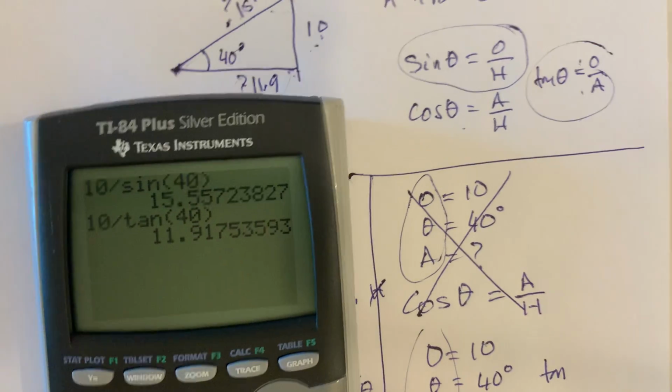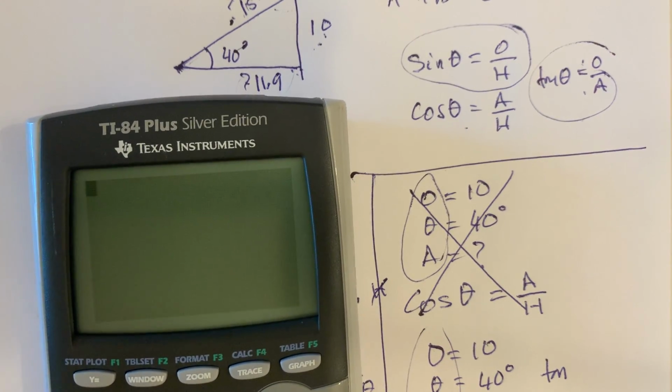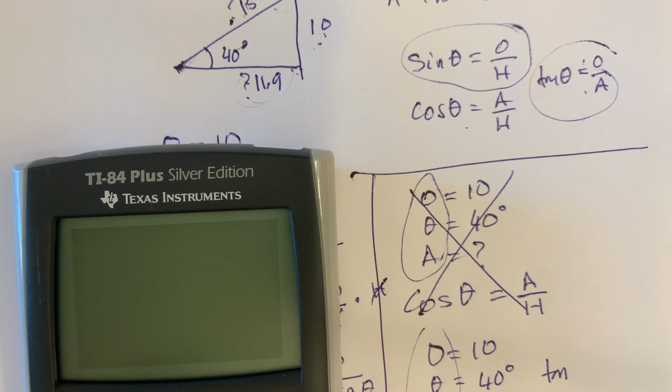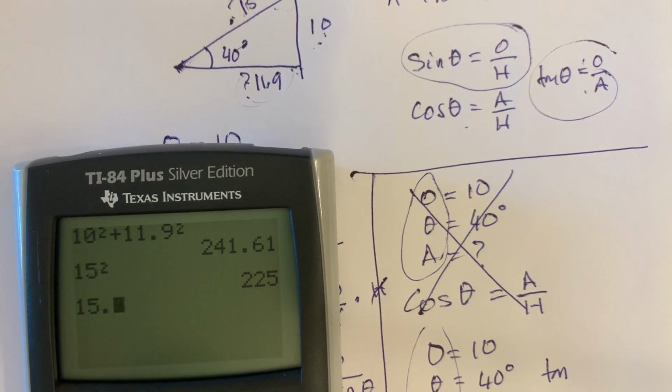Want to check it with the Pythagorean theorem to see we got this right? Let's do that. So that means 10 squared plus 11.9 squared, enter, is 241.61. Well, what is 15 squared? 225, oh, 15.6, so hang on a second.